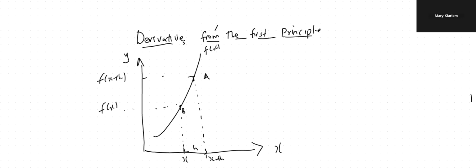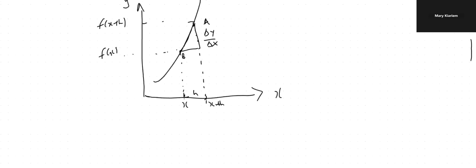Okay, so we are interested in getting this change from point A to point B. And that change is simply given by change in y over change in x. So this change can be represented using the concept of limit.